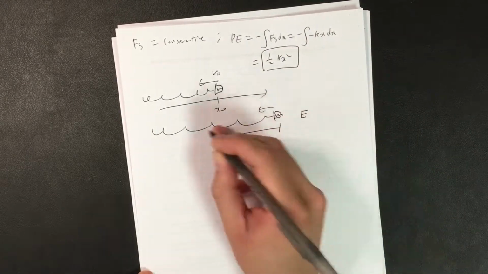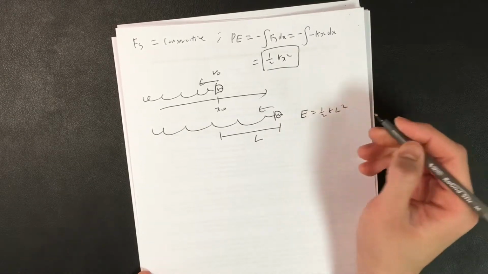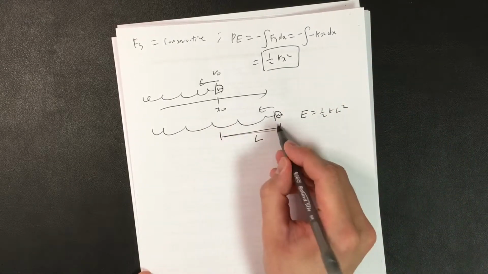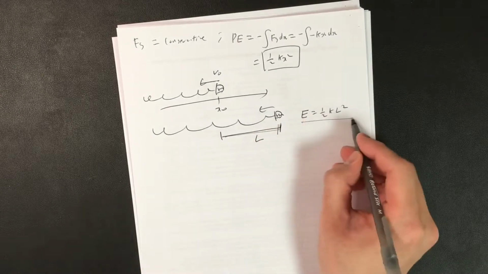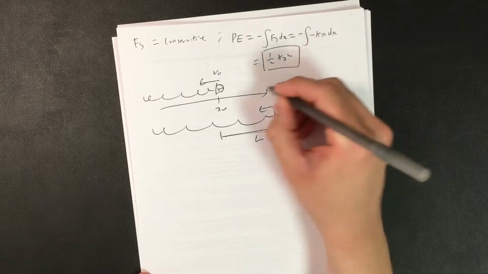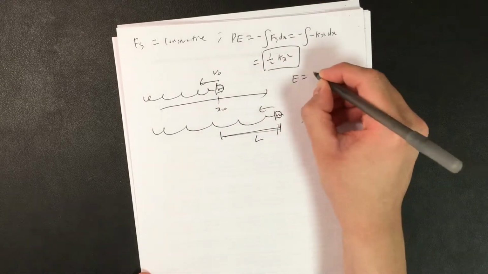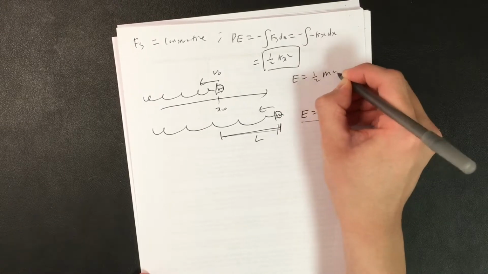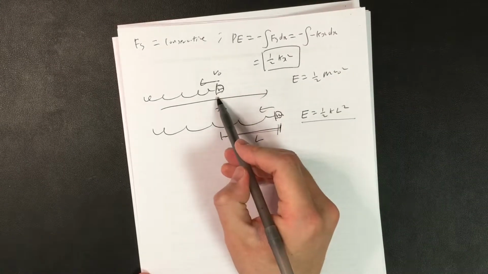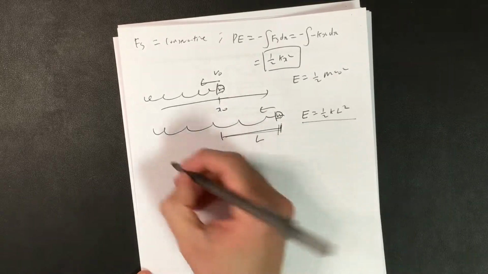Then the energy when this is extended equals 1/2 kL squared, because initially there is no velocity, so the only energy present is the potential energy. And when this passes the equilibrium length, the energy is simply 1/2 mv0 squared, because the length of extension is 0 and there is no potential energy from the spring.